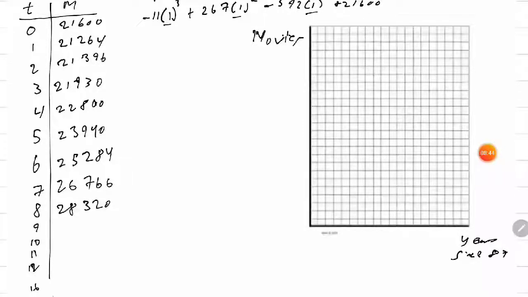And then when you graph this, have like 20,000 here, and then like 30,000 somewhere up here, and then 40,000.